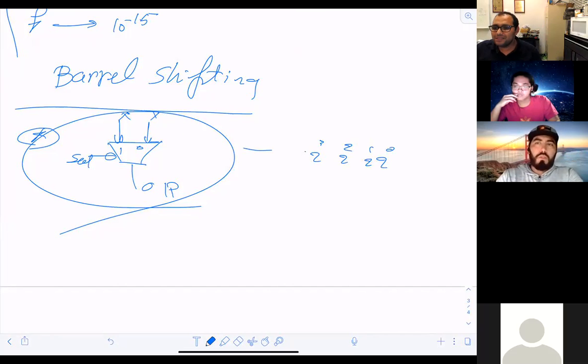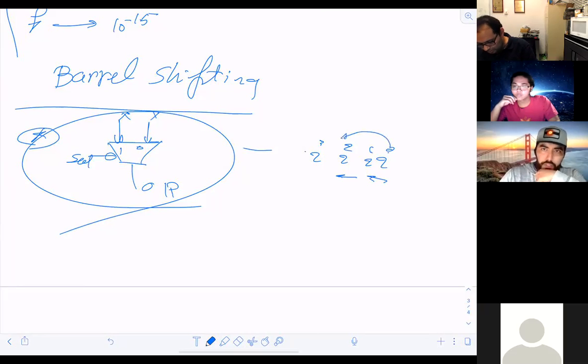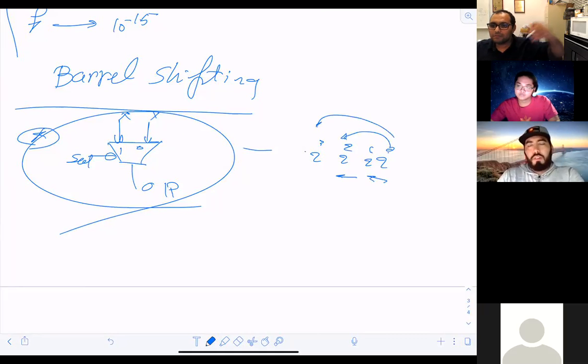Our levels here are digits. So the digit distance from this one to here is 1, this one to here is 2, this one to here is 3. So it's going by the power or the weight.